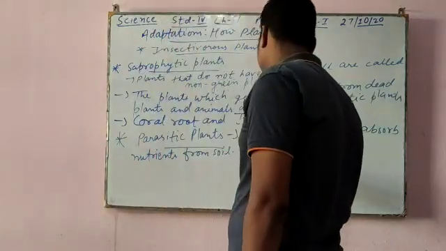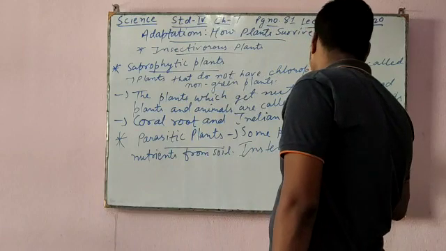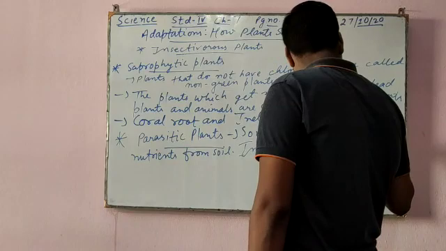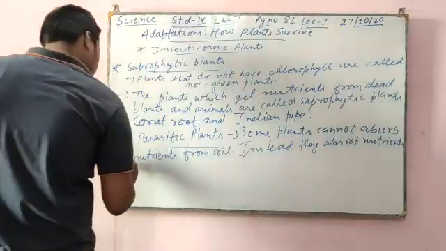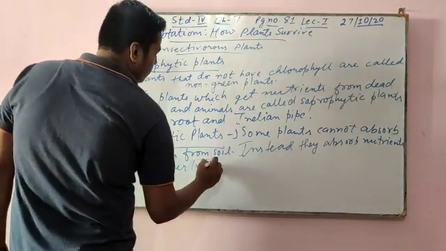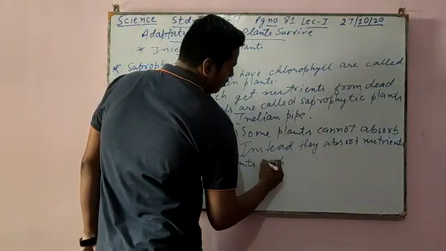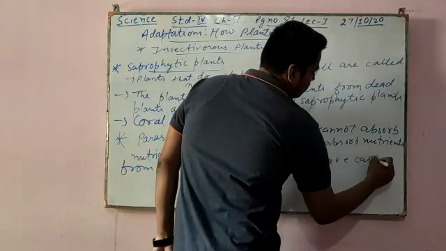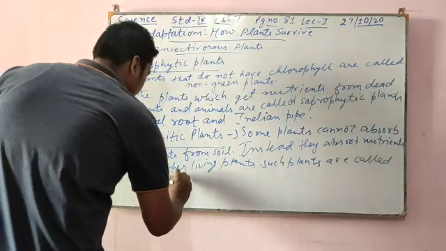Instead, they absorb nutrients from other living plants, and such plants are called parasitic plants.